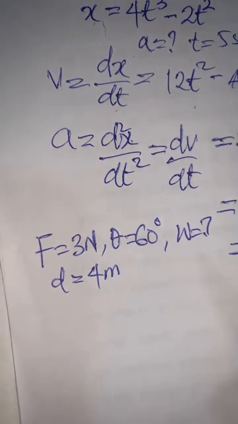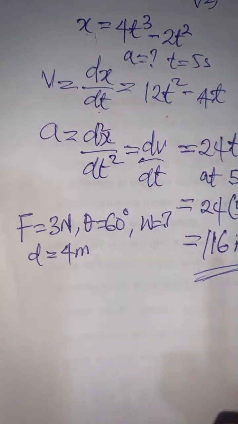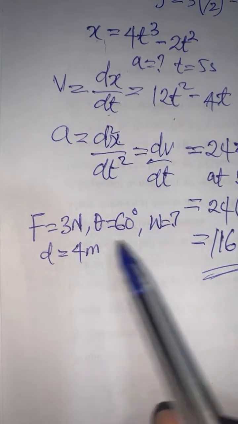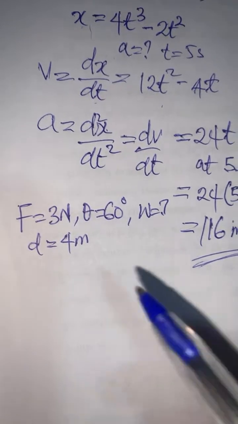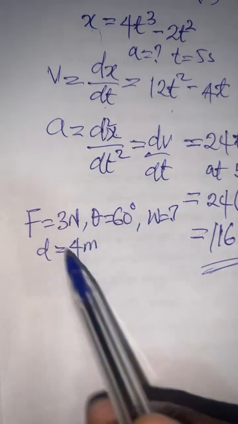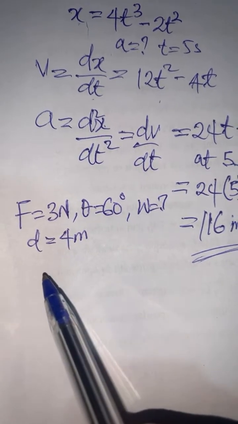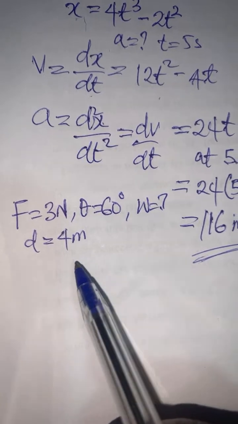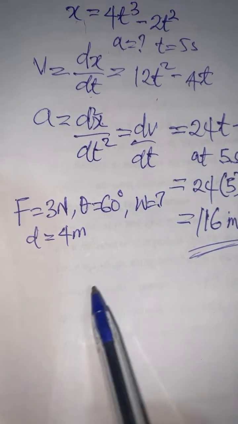So I have the parameters already: the force is 3 Newton, and the angle theta is 60 degrees. The work is what we are looking for, and the distance is 4 meters. By what we've read about the girl dragging a bag of cement along a smooth horizontal floor, that's talking about the effective component of the force along the horizontal.